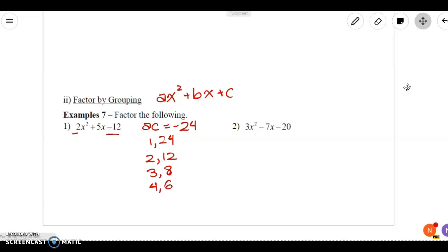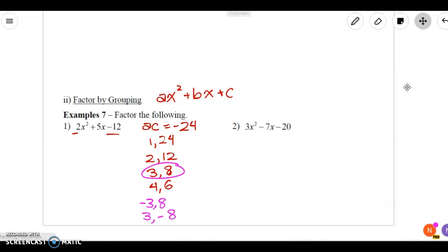Just by looking at these offhand and thinking about sum and difference, either adding or subtracting the numbers, I can see that I should go with 3 and 8. Now one of these will be positive and one negative to have a product of negative 24. So it could be negative 3 and positive 8, or positive 3 and negative 8.